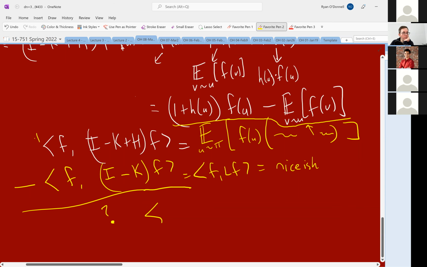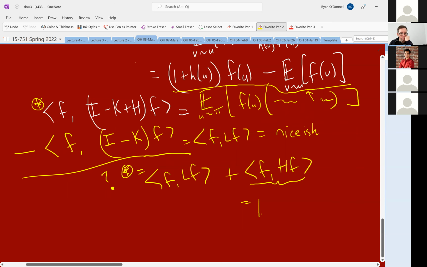So this thing, let's call it star, equals FLF, which we know about, plus the inner product of FHF. What is this piece? That is going to give us the expectation of f squared and h, f of u squared times h of u, with u drawn from the stationary distribution pi.